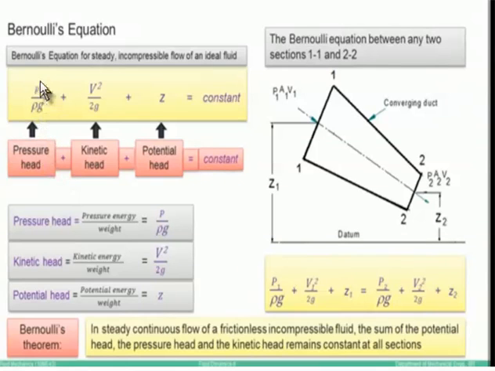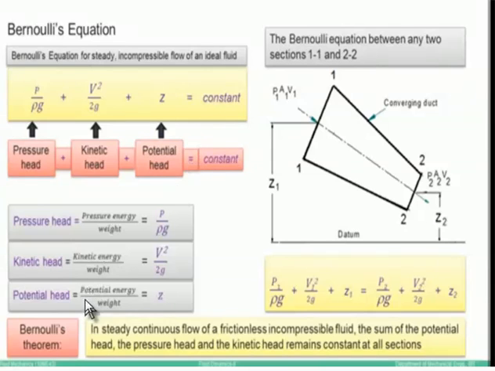The kinetic head is kinetic energy divided by weight, that is V square by 2g. The third one is the potential head, which is potential energy divided by weight, denoted by Z. The sum of all these three heads is equal to constant.